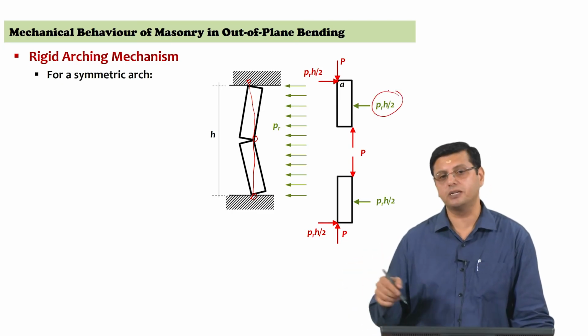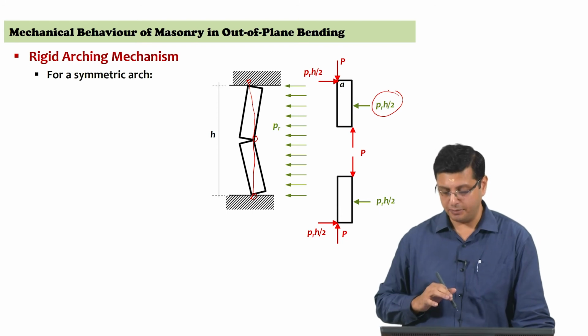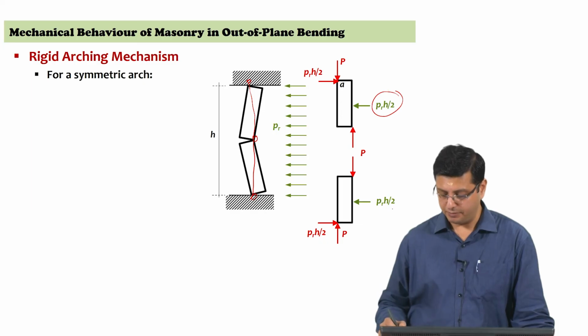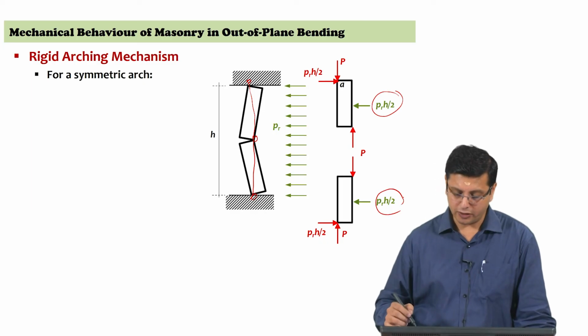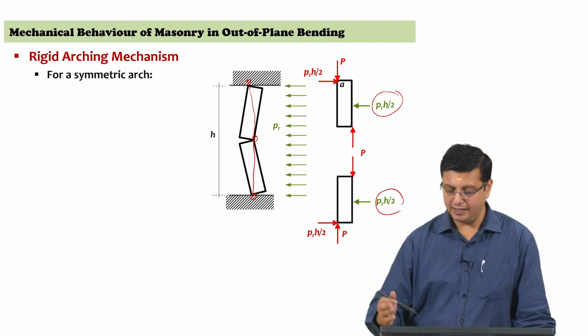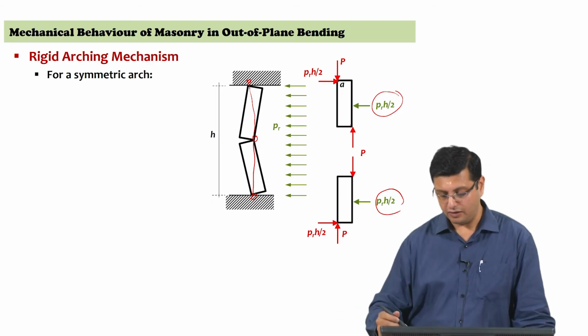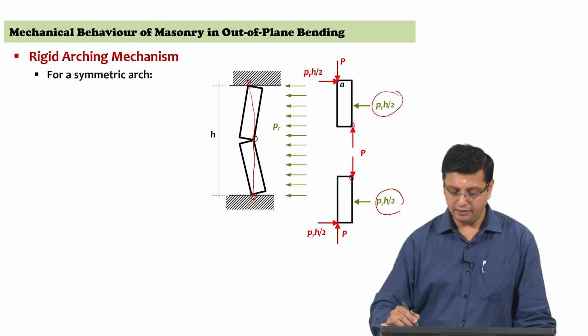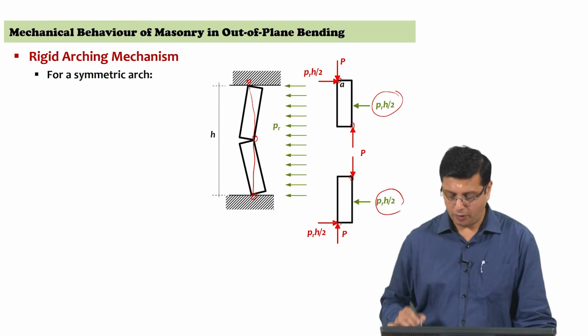P R subscript here, we are assuming that rigid arching mechanism is happening. So, lateral load corresponding to rigid arching mechanism PR by H by 2 and PR by H by 2 acting on the two blocks, and now you have the symmetry, you have the hinge occurring at the windward edge at the mid height, right, and at the leeward edge at the top and the bottom.